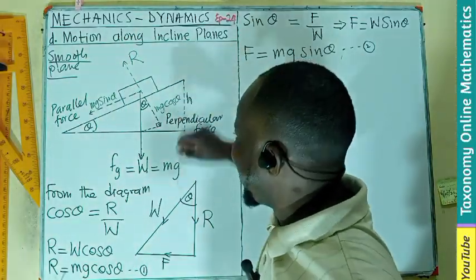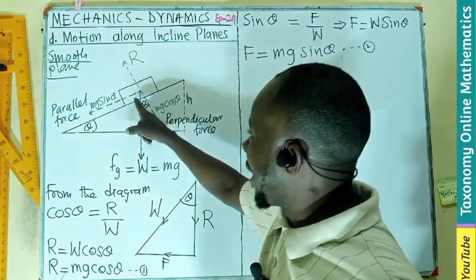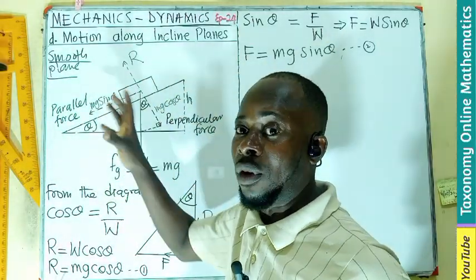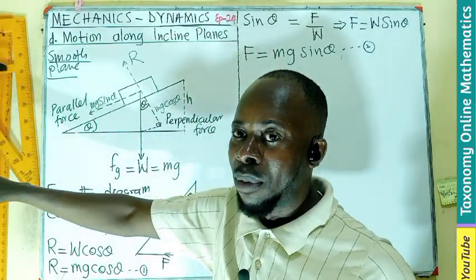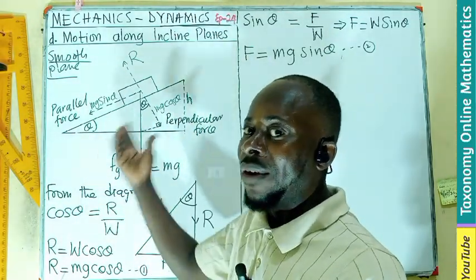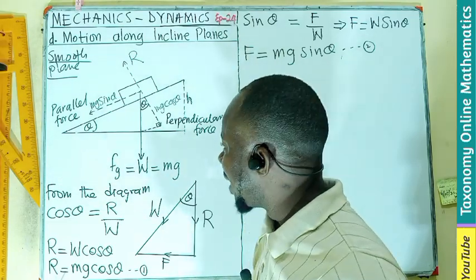But you can see, since there is no movement, this one is going to be negligible. Then we can consider this as the only force of gravity acting on the body, the one that is causing the body to slide down or, when released, to move down. I guess we are listening to that aspect clearly.